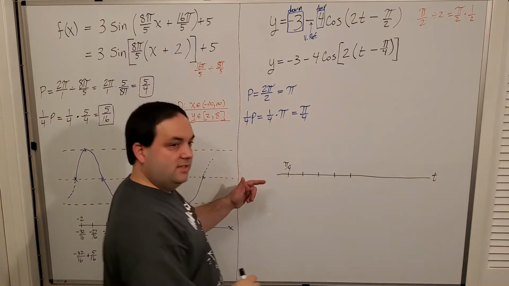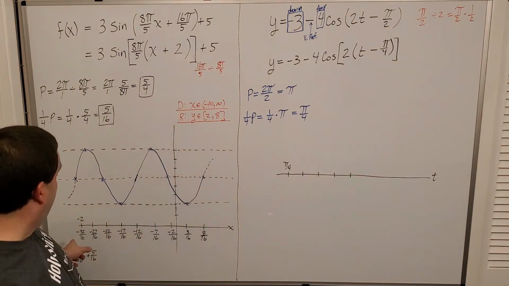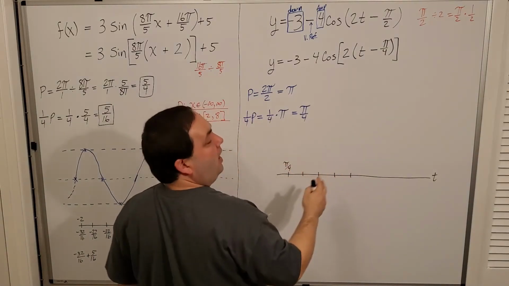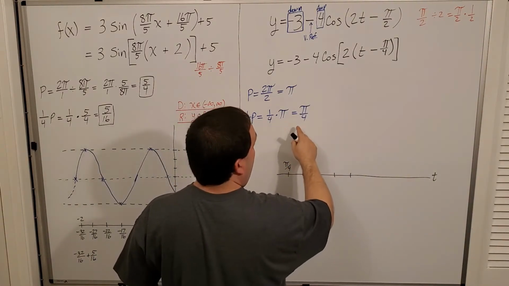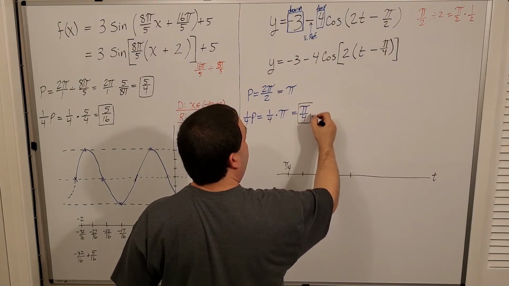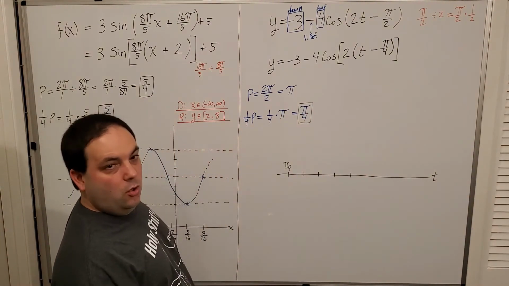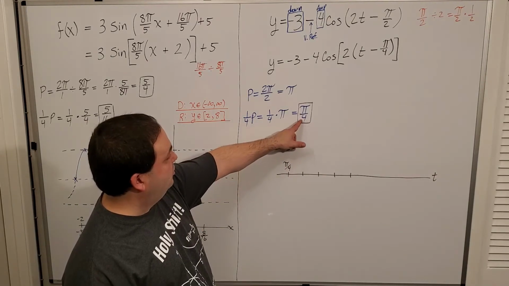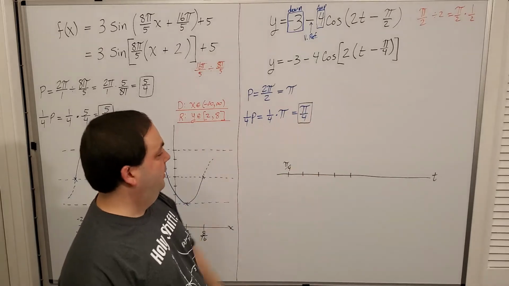Notice it's positive this time, whereas the last time it was a shift to the left. This one has been shifted to the right by pi over 4. Luckily for us, the quarter period is also pi over 4. So I don't need to change my denominator. I just need to start adding pi over 4s here.